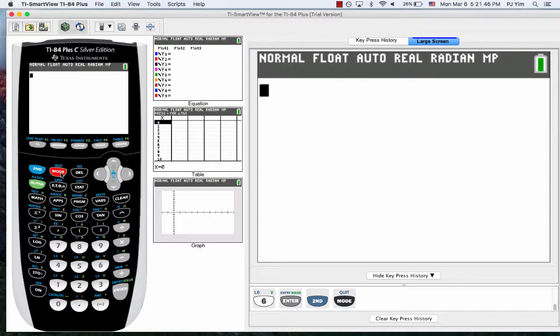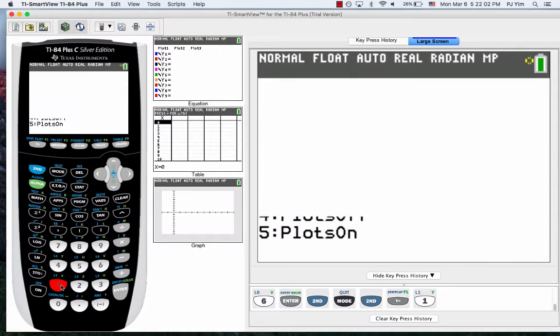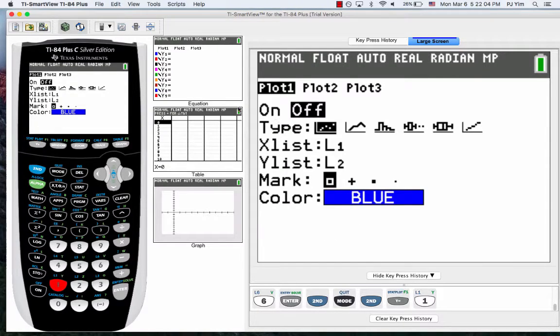The way to plot this is to go to 2nd, Stat Plot. If you look at the very first one, it says Plot 1 is off. Let's go to 1. You could have more than one plot, but let's use 1. It's off, but we'd like to turn it on now, so press enter and arrow down. You have a choice between 5 types. I go to scatter plot, the first one.